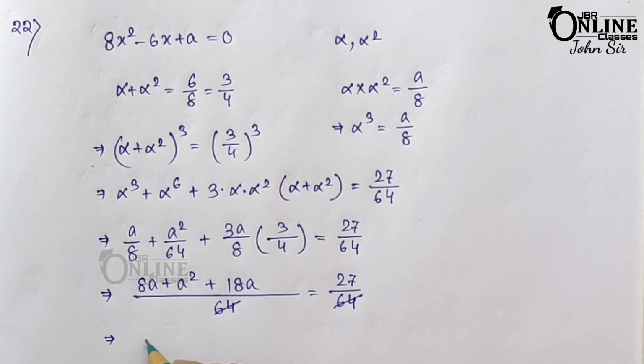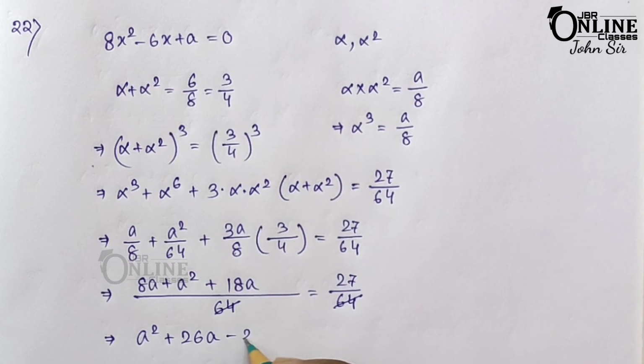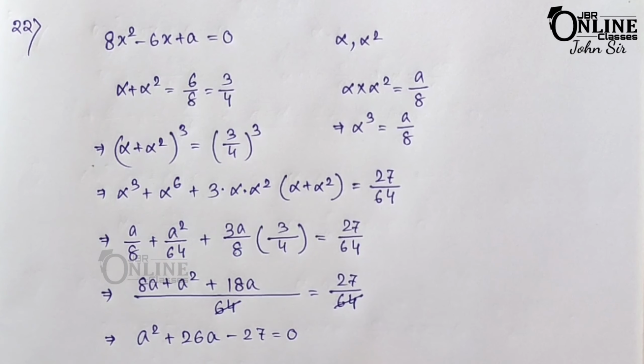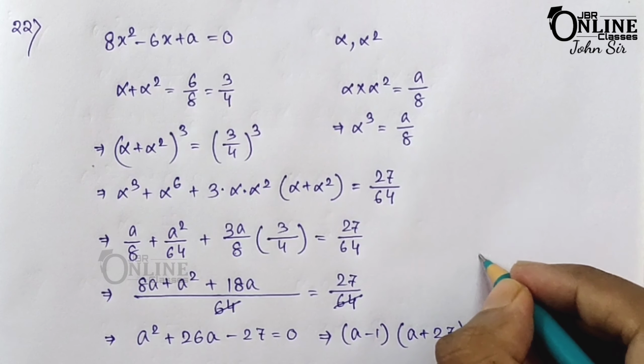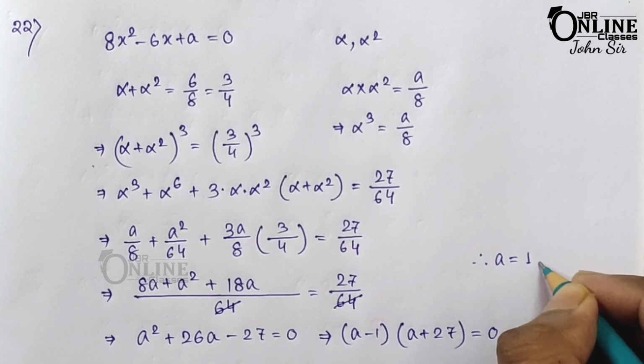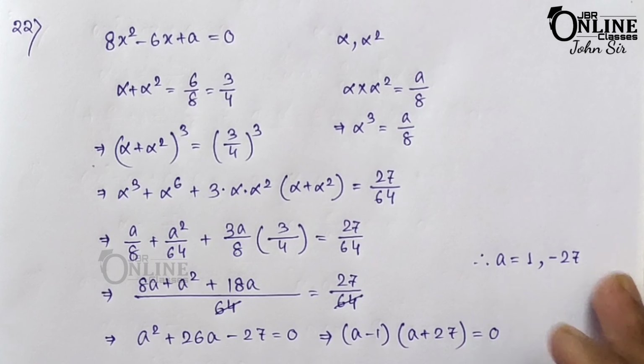So now you have a square plus 18 plus 8, that means 26, 26a minus 27, that equal to 0. Okay, so here the two factors are (a minus 1) and (a plus 27), that equal to 0. So from that the value of a equal to 1 and minus 27 as your answer.